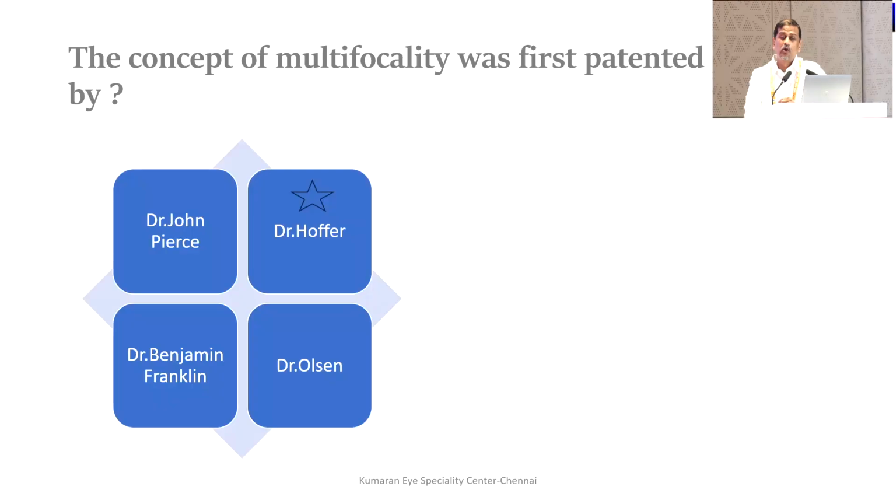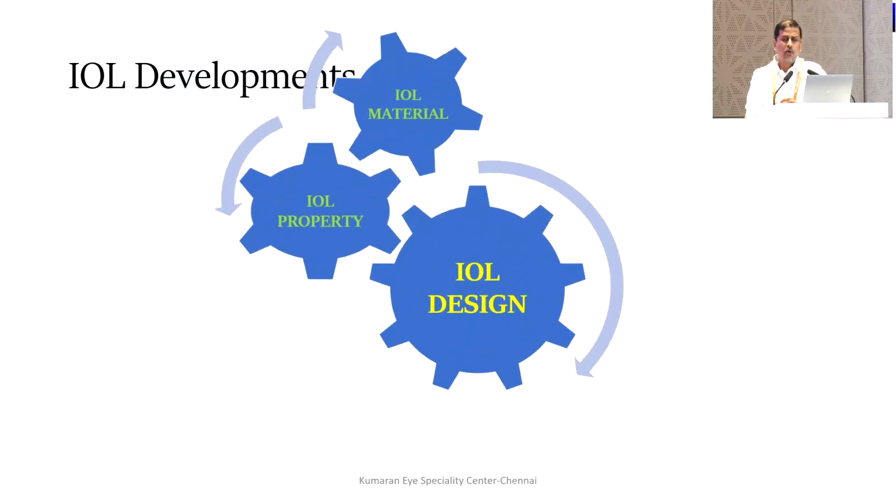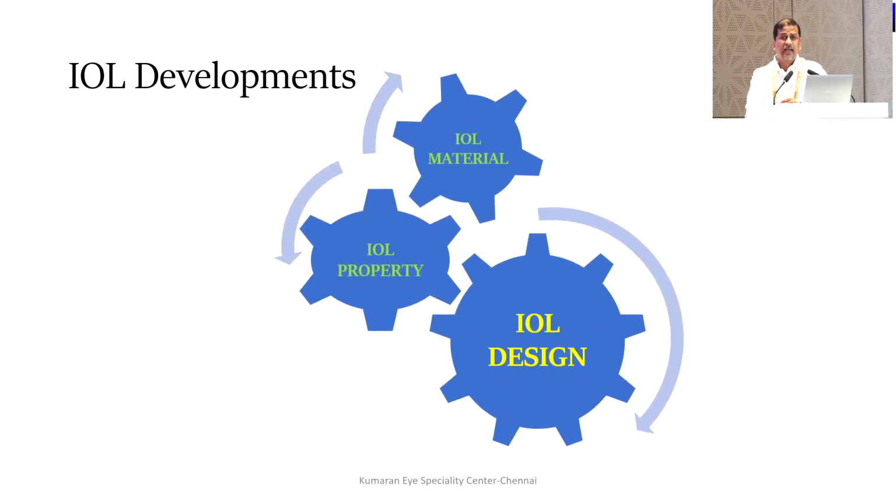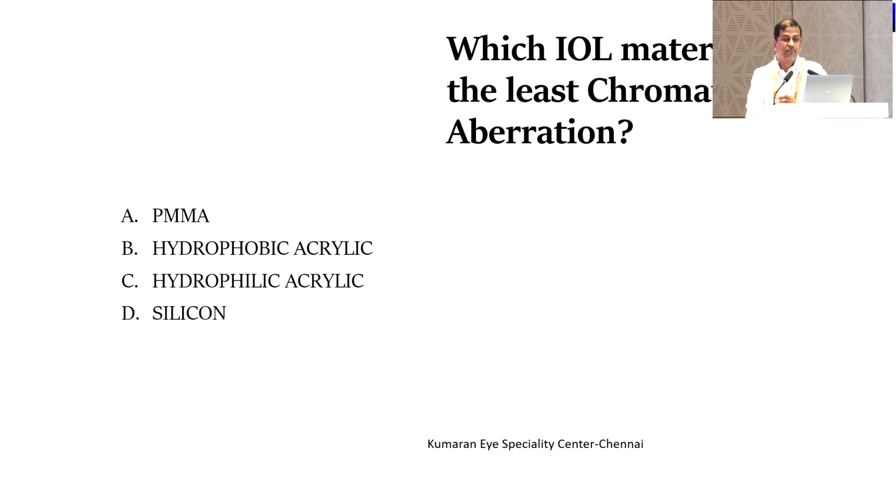I have no financial interest in any of the lenses mentioned here, and they are only for educational purposes. We have come a long way since multifocality was first patented by Dr. Hoffer in 1982, and there have been a lot of developments in IOL technology, the materials used, the properties of these lenses, and the IOL designs. Each company plays into all these parts to bring in new technologies, all the same wine in a different bottle.